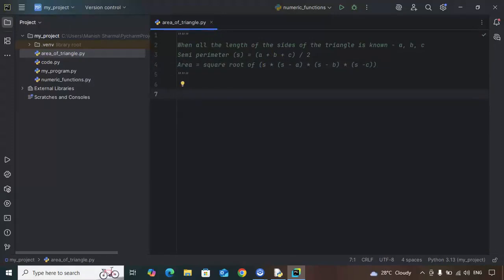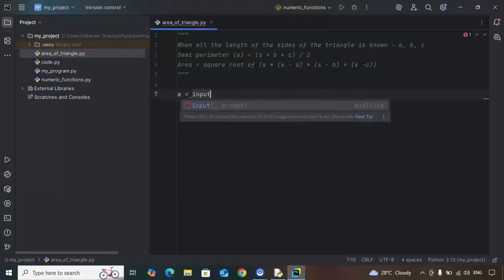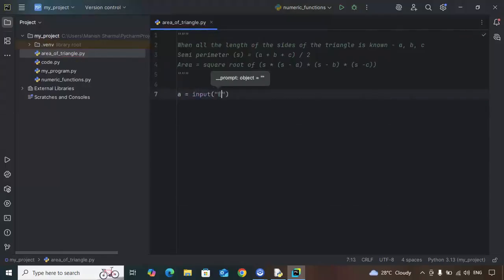Let's take the input A from the user, enter first side, and we can convert it into float right there.